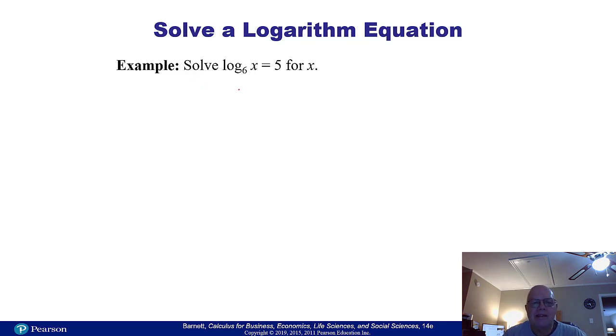Well, 6 is the base, so I'll start with that. Since logarithms are exponents, 5 goes up here. And what do I get? I'm supposed to get an x. All I have to do is take 6 times itself 5 times. And let's see what we get.